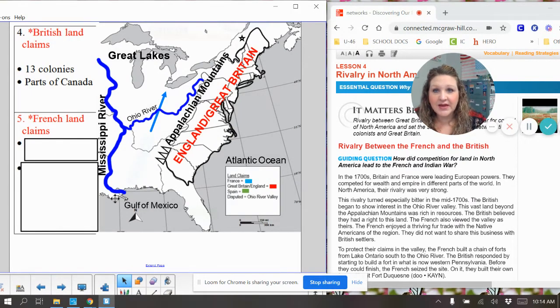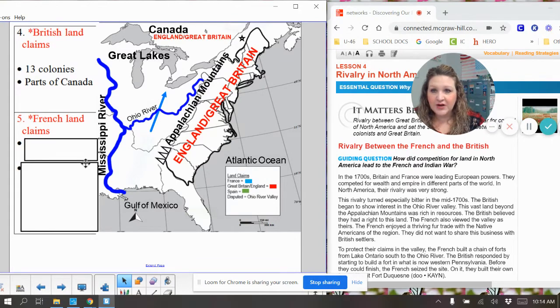So where is Canada? It is to the north of the United States, right? Although it's not the United States yet here where we're in our notes. England and Great Britain have control over parts of Canada. That's as specific as we're going to get on that for now. So they have controlled parts of Canada.